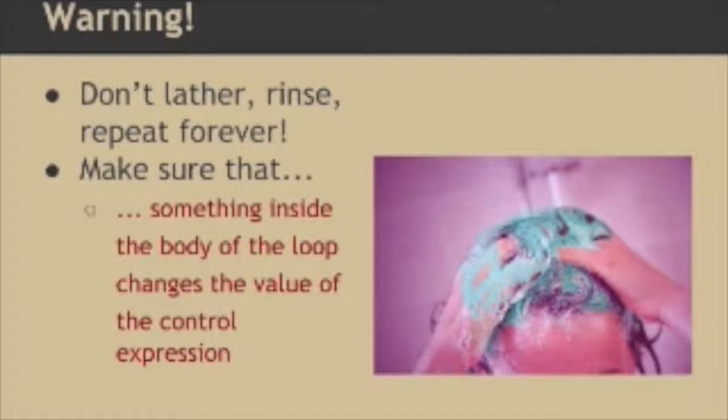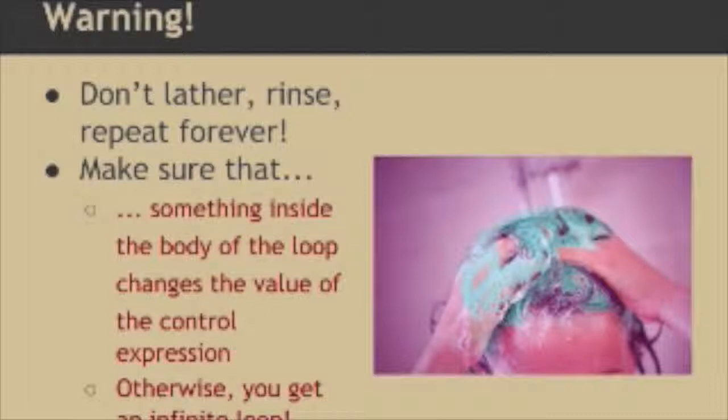In other words, it has to sometime eventually become false so that we'll get out of the loop. If we don't, what happens is called an infinite loop, and that's a loop that goes on forever, and generally speaking, that's a bad thing. So we have to make sure that our program inside a loop changes the value of the control expression so that it can sometime become false, so the loop will finish.